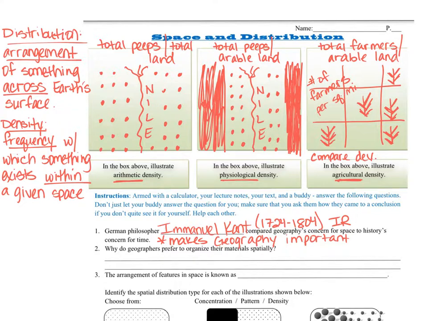Okay, so then that leads to our next question. Why did geographers prefer to organize their material spatially? Well, it's so they can see patterns, concentrations, and density.